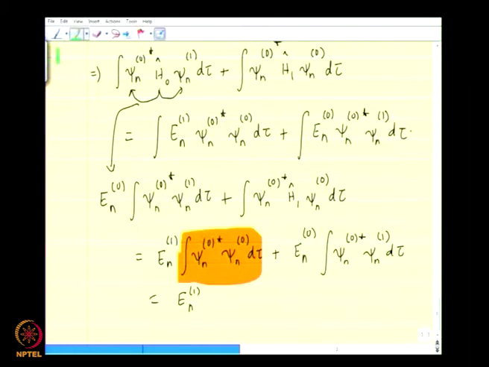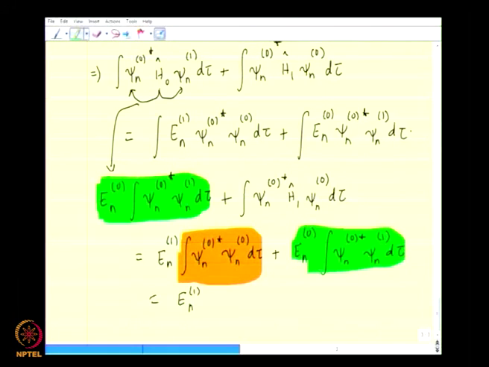This quantity on the left hand side is exactly the same on the right hand side as well, therefore you can cancel these two things. And you can see that there is one equation for the first order correction to the energy En1.